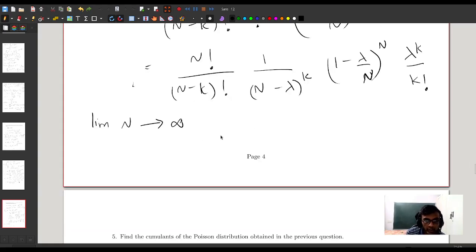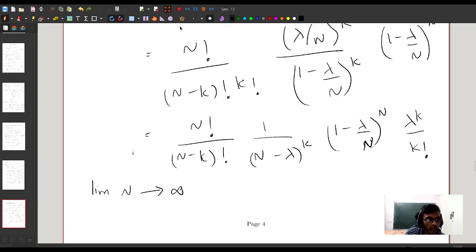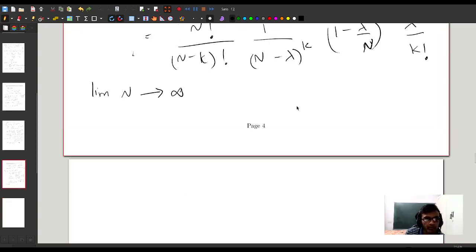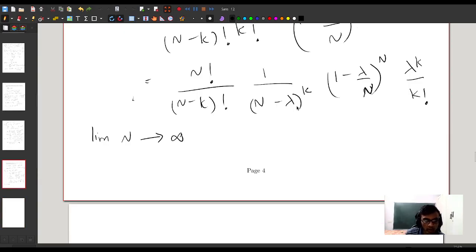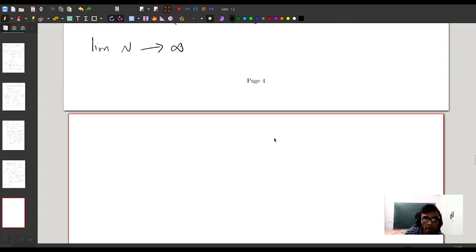So let's look at the first factor. That is going to be the limit n going to infinity.